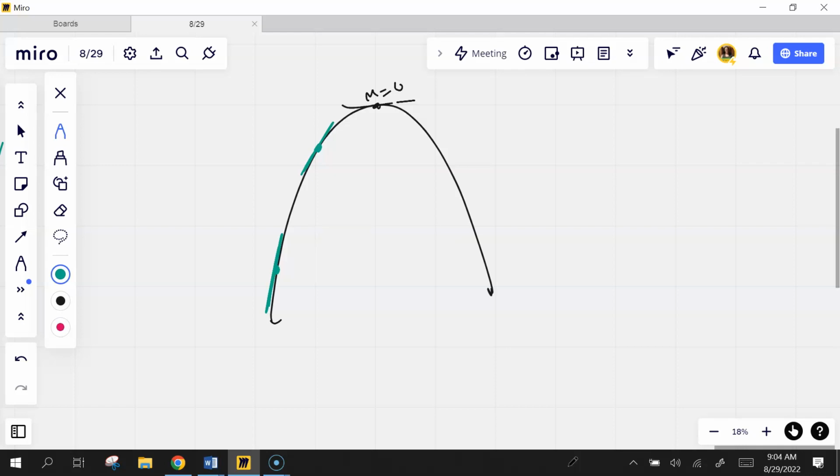Look at the green lines here. This time on this side, it's positive, right? So if this is a 1, this might be a 3. I'm just estimating and guessing what it might be, but just to show you the difference in the steepness there.